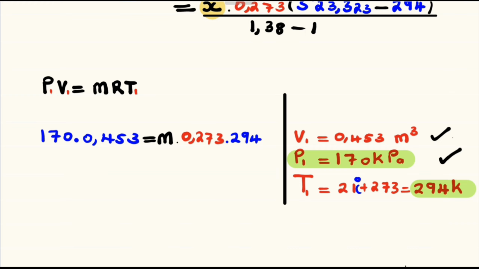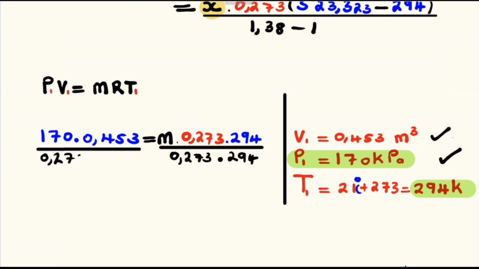So now let's divide both sides of the equation by 0,273 multiplied by 294, so that we can make that M the subject. And our mass M will be equal to 0,959 kilograms.